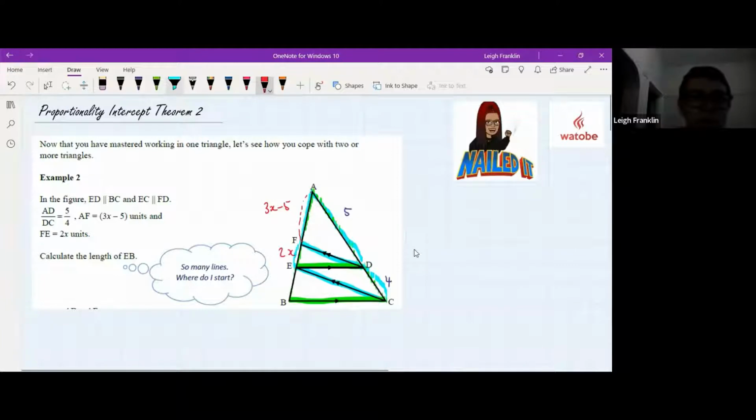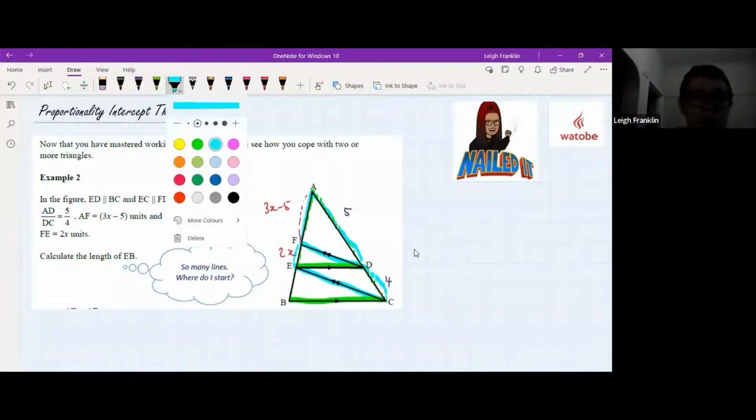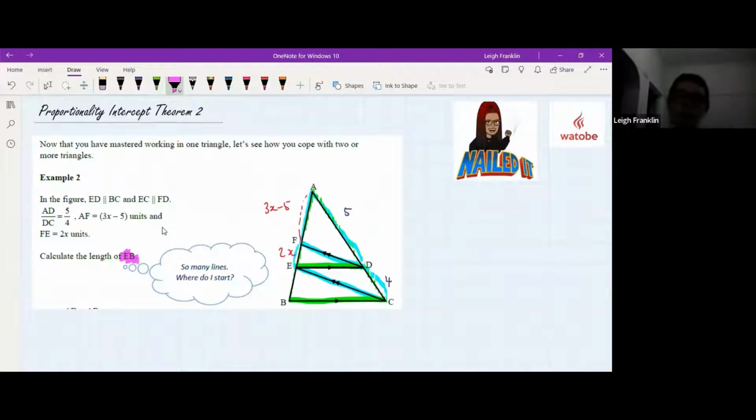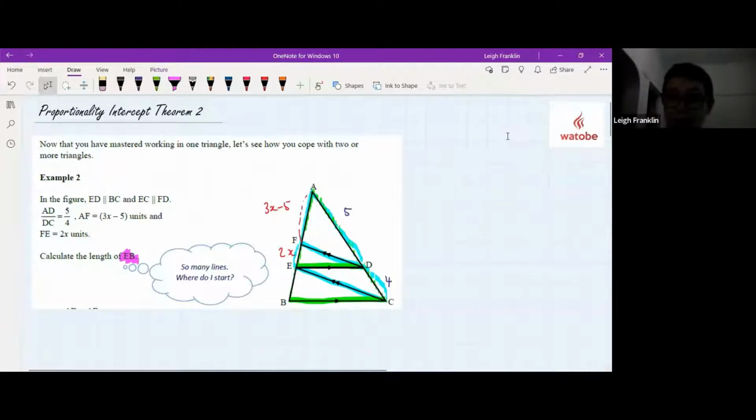The question asks us to calculate the length of EB, and even though it doesn't say so, it implies that we need to do this with reasons. So we absolutely need to provide reasons every step of the way.